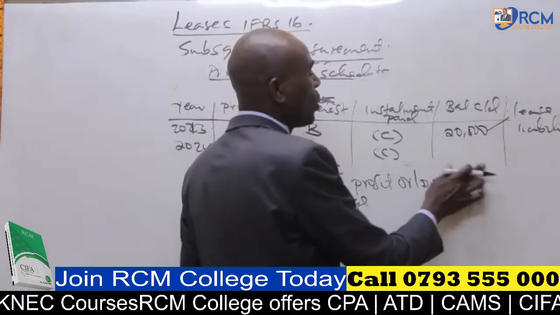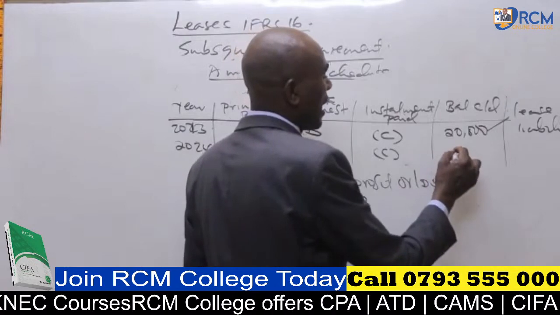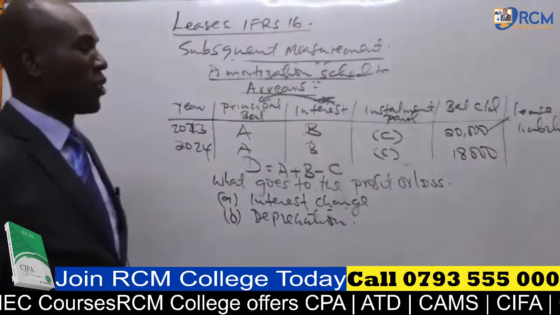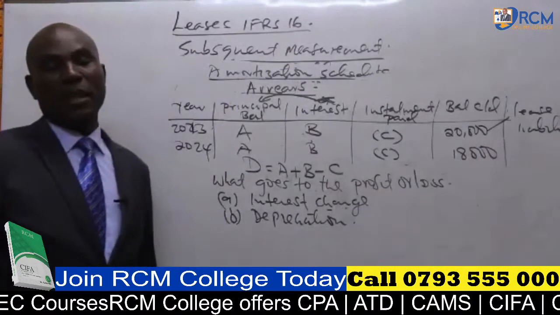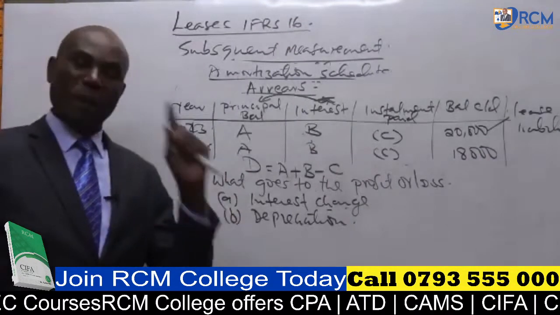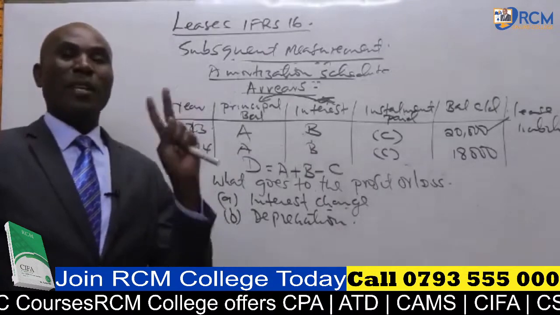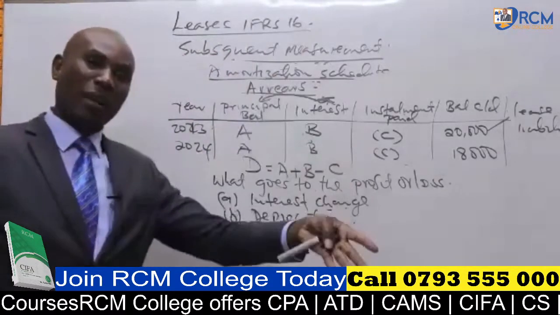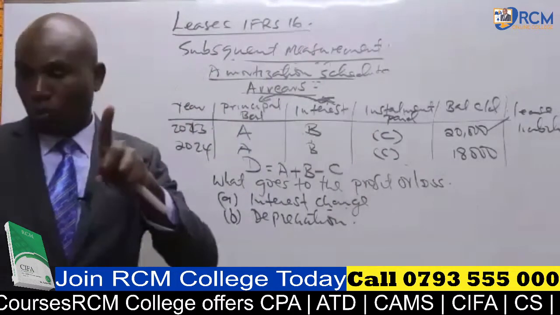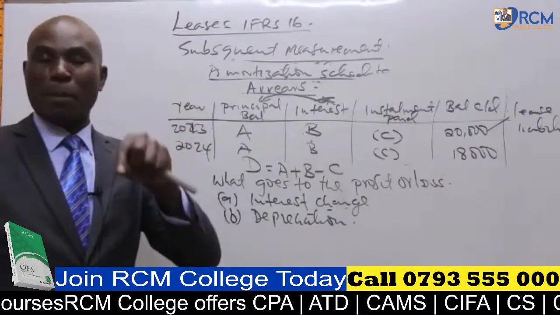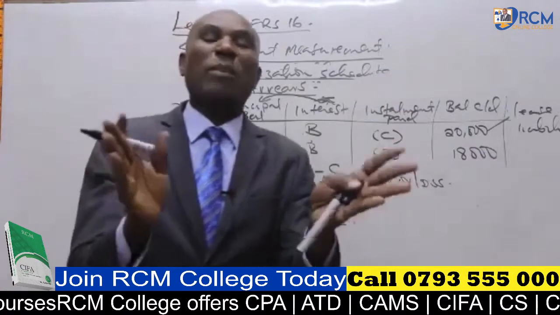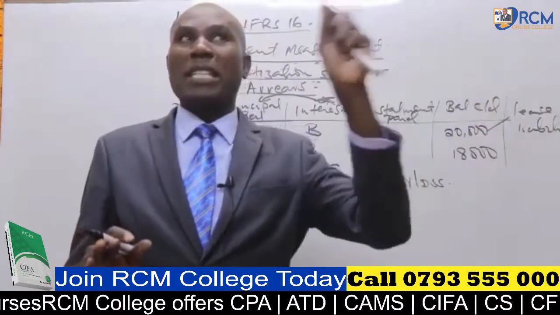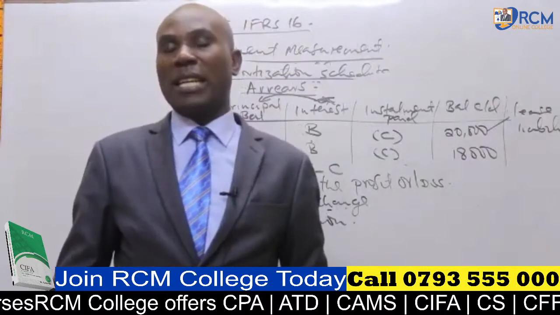Then year two, let me assume it is 18,000. Therefore, if payments are made in arrears, you have to prepare for 2 years. Even if the examiner wanted year one, you add another year, year two. What is the purpose? It is to separate between the long-term liability and the short-term liability in the lease.